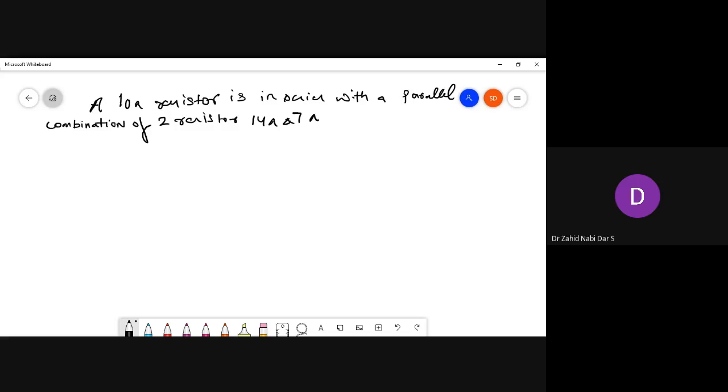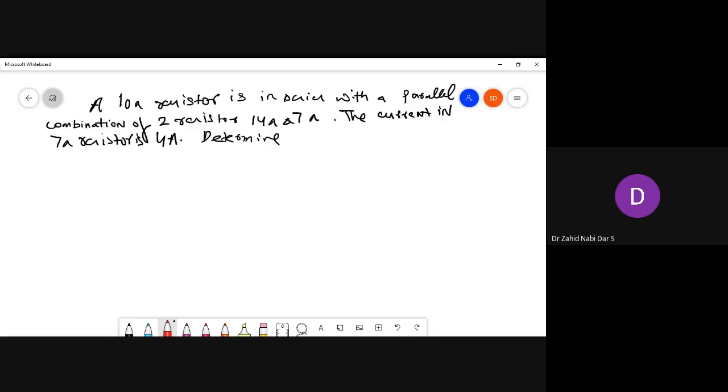The current in the 7 ohm resistor is 4 amps.